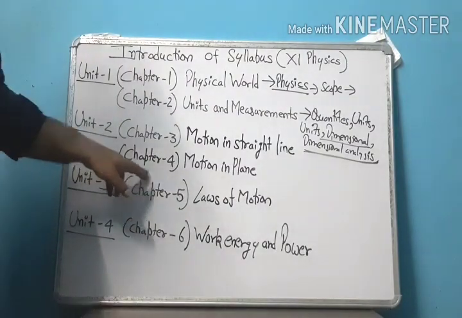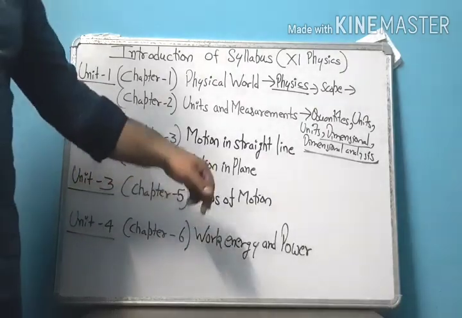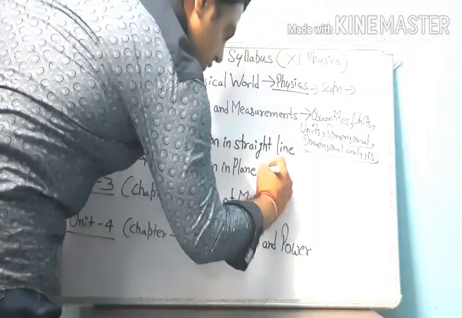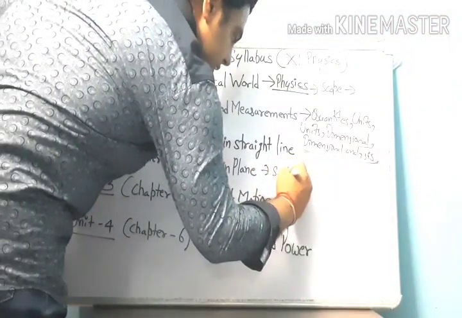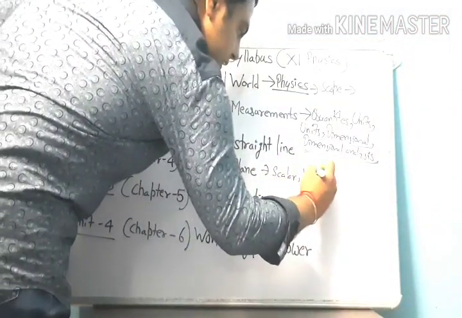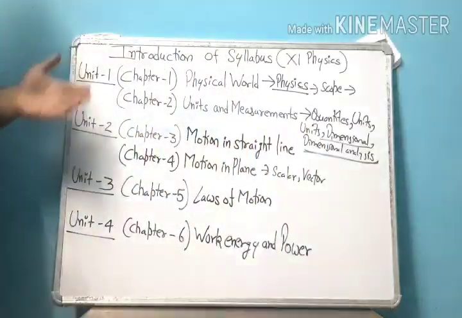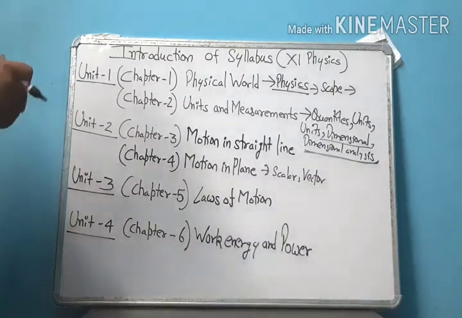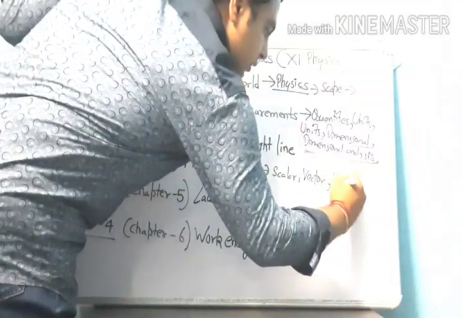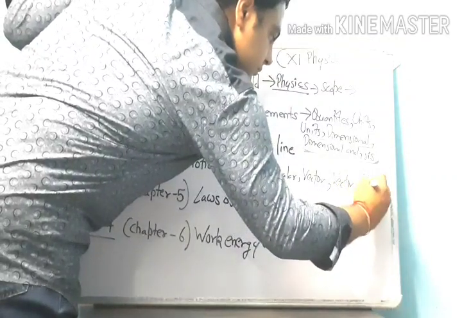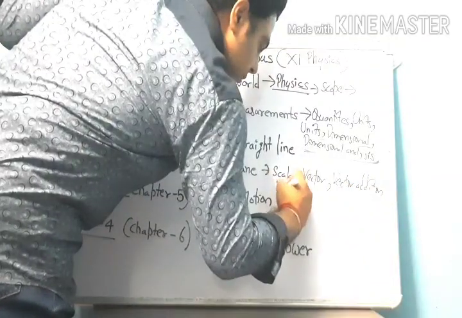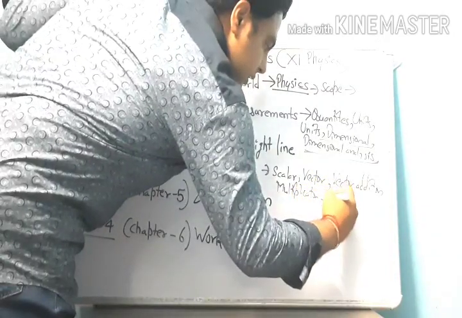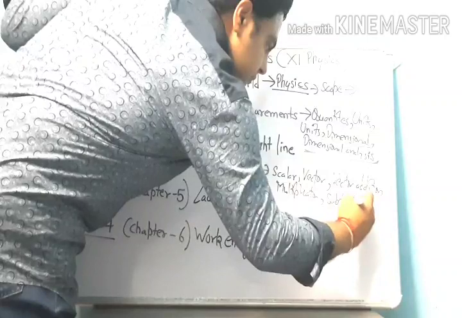Now moving on to chapter number 4, that is motion in a plane. In this chapter we have to study about quantities, that is scalar quantity and vector quantity. What is a scalar quantity, what is a vector quantity, what is vector addition, vector multiplication and vector subtraction.